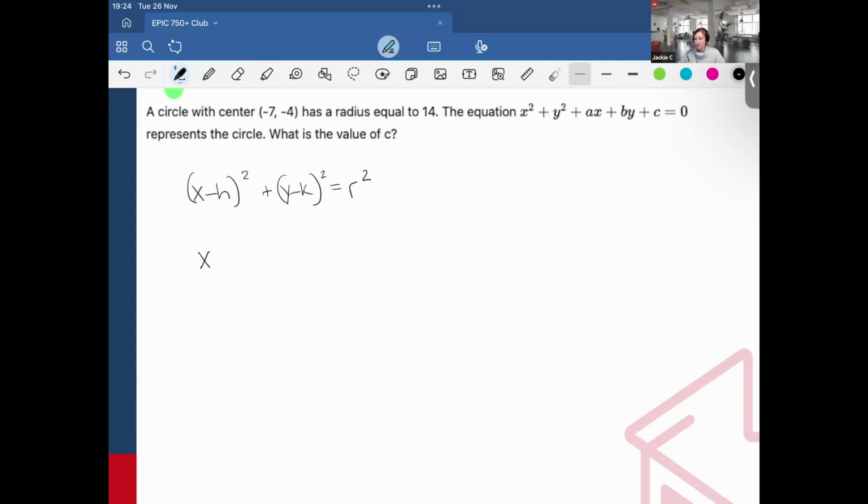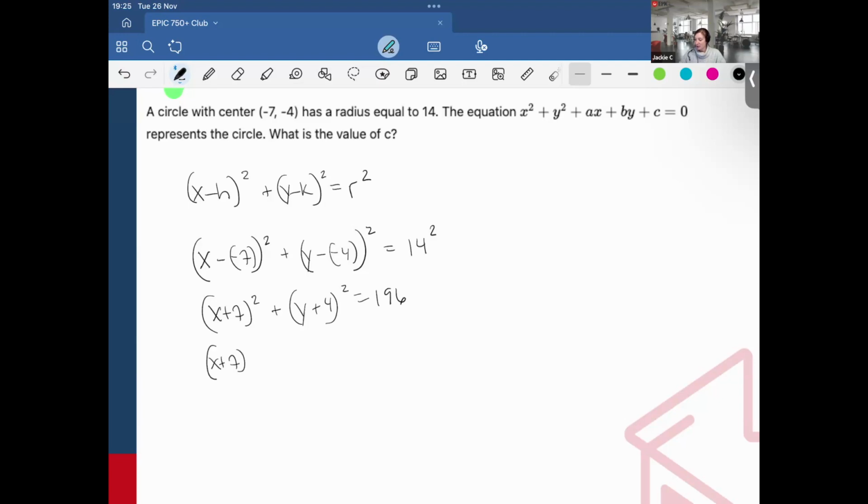So my center, and note when I plug it in, it's x minus negative 7 squared plus y minus negative 4 squared, which is equal to 14 squared. So what this will simplify to is x plus 7 squared plus y plus 4 squared, and then 14 squared, which is 196.